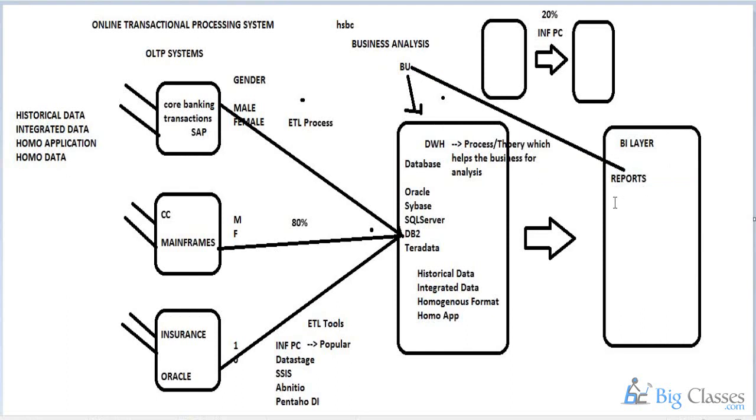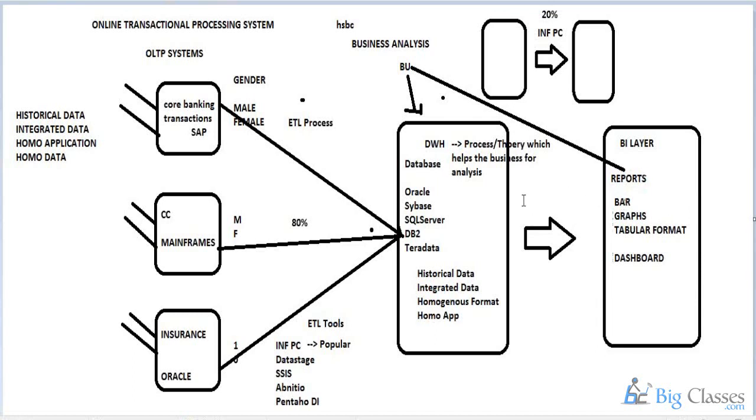Within these reports, we present the data in different formats, like bar diagrams, graphs, or a tabular format. We send these reports to the business users in order to identify how the business is running.